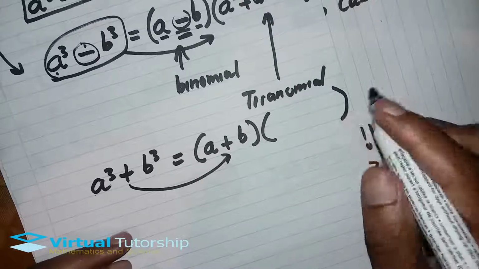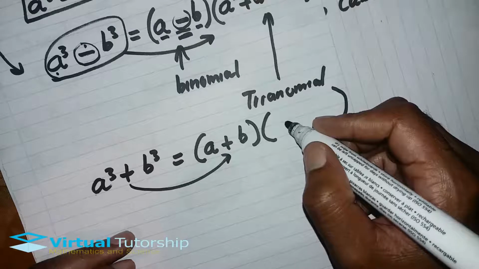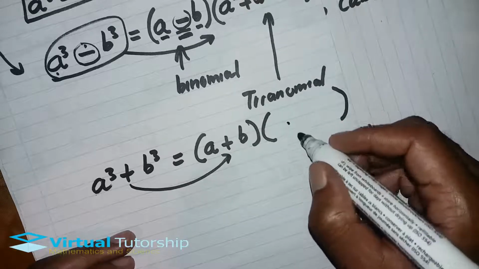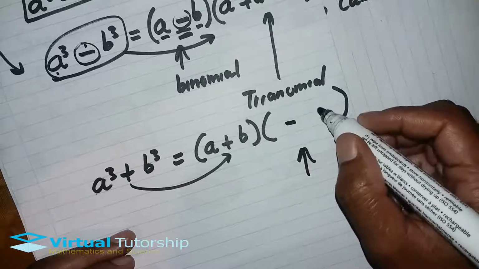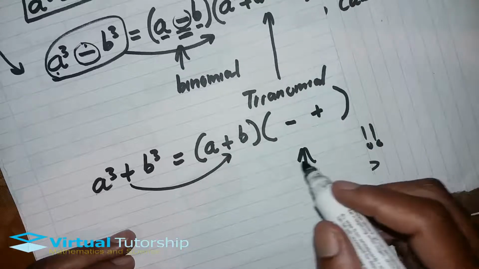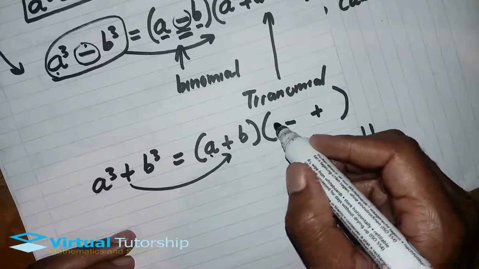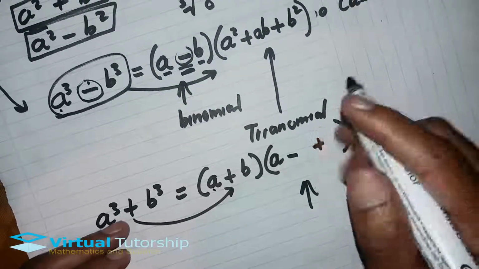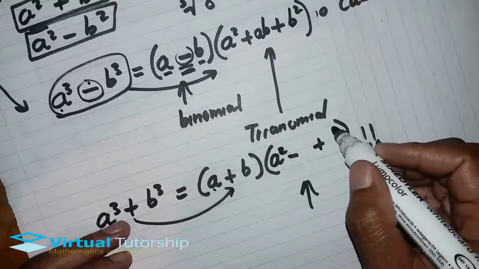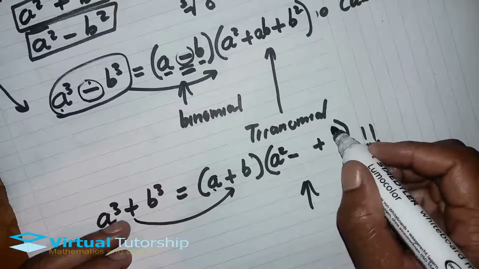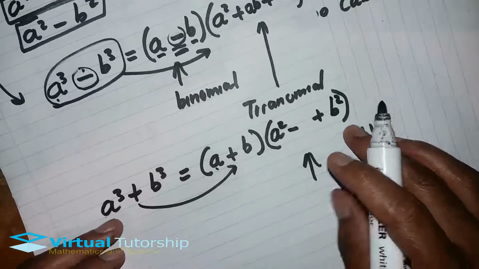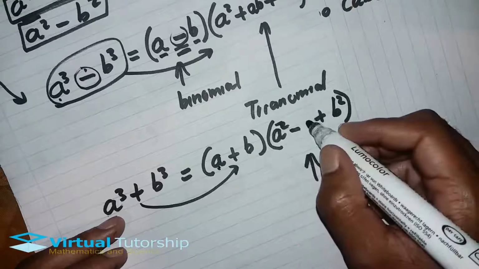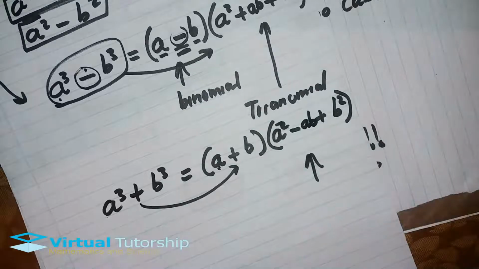The signs of the trinomial will be minus, plus. So we square a just like in the previous example, giving a squared. In the trinomial the third term is b squared, and the middle term is a times b, the answer is ab.